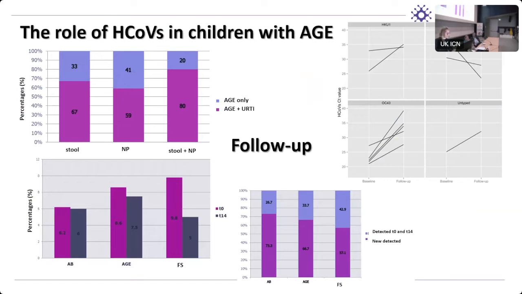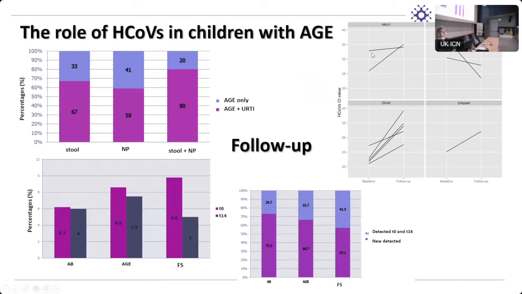But interesting is the fact that most of the coronaviruses that we detected in the follow-up samples were newly detected. So only around 30% were those that were detected at baseline and also at follow-up.